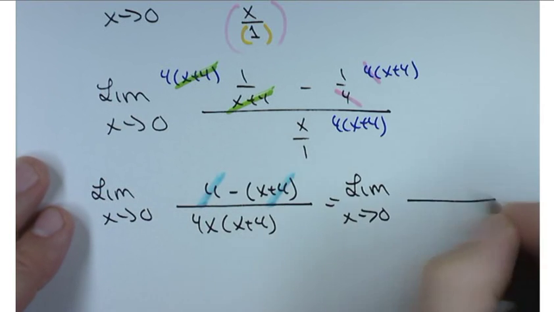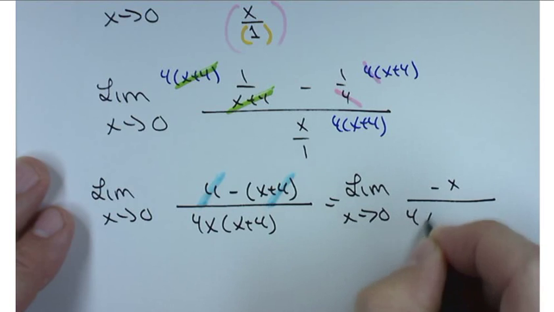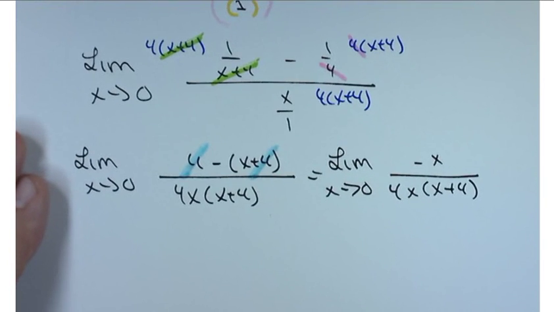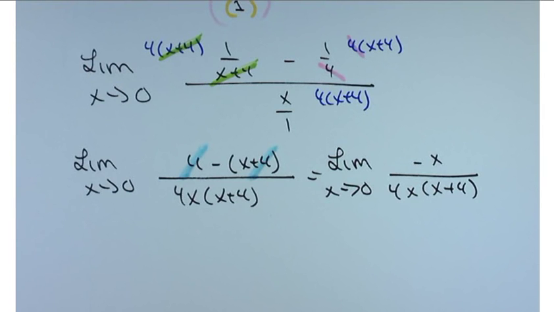So negative x in the numerator. We've come a long ways. If you try to plug in x equals 0 at this point, is that going to work? Can we plug in x equals 0? No. Yeah, we got to cancel the x first. Because right now, you'd still end up with 0 over 0.